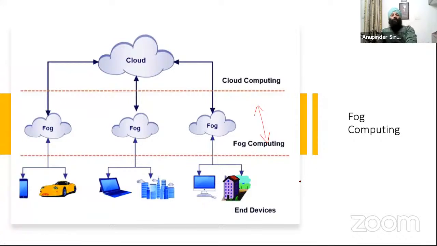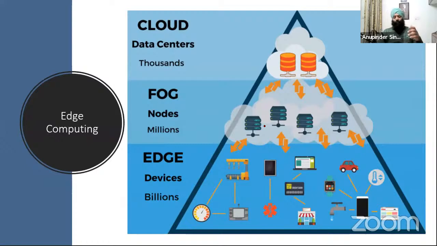And it's not only that we are saying it's fog, we are also considering the term edge as well, right? So what is the basic difference between fog and edge?